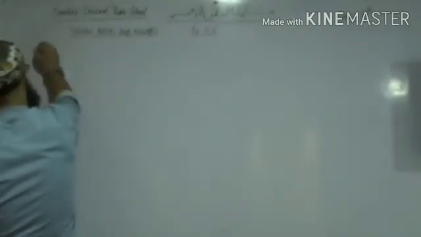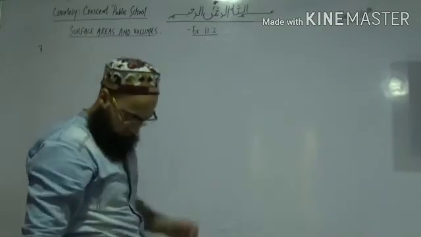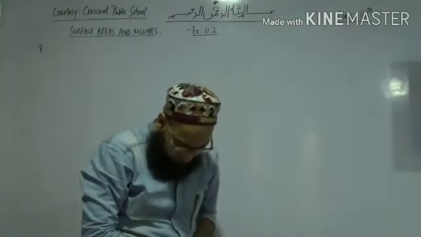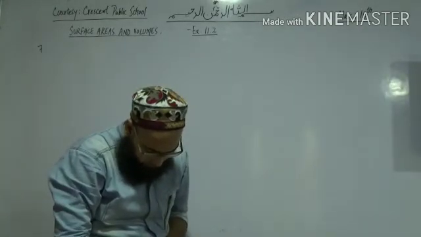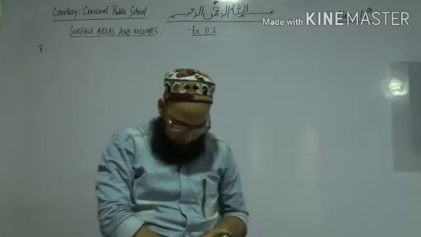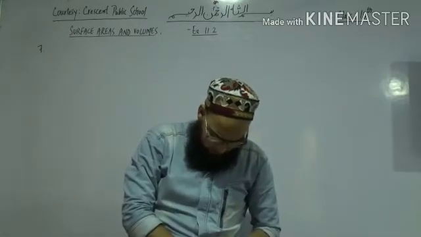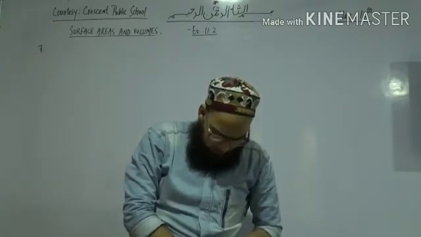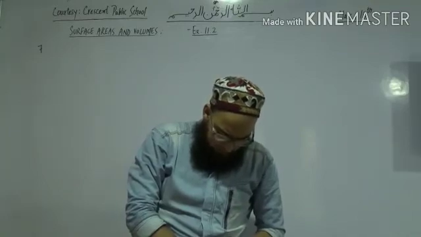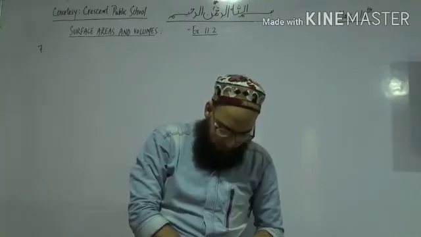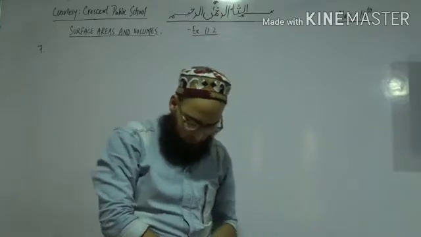Now after that, question number 7. A solid consisting of a right circular cone of height 120 cm and radius 60 cm standing on a hemisphere of radius 60 cm is placed upright in a right circular cylinder full of water.